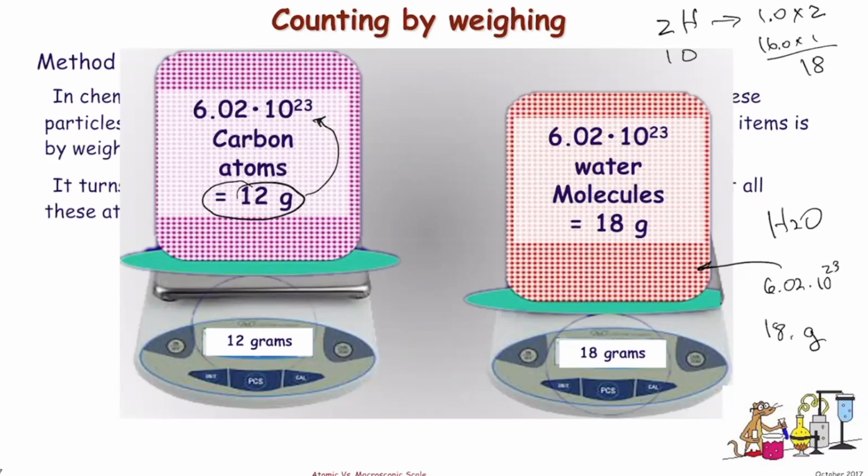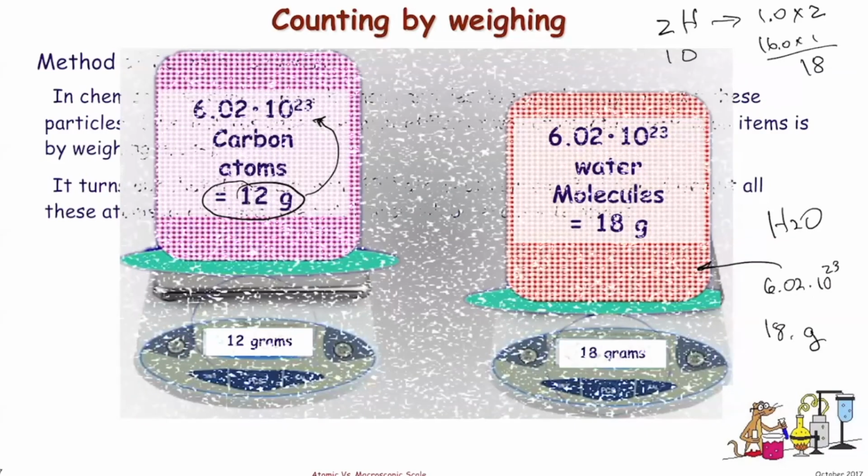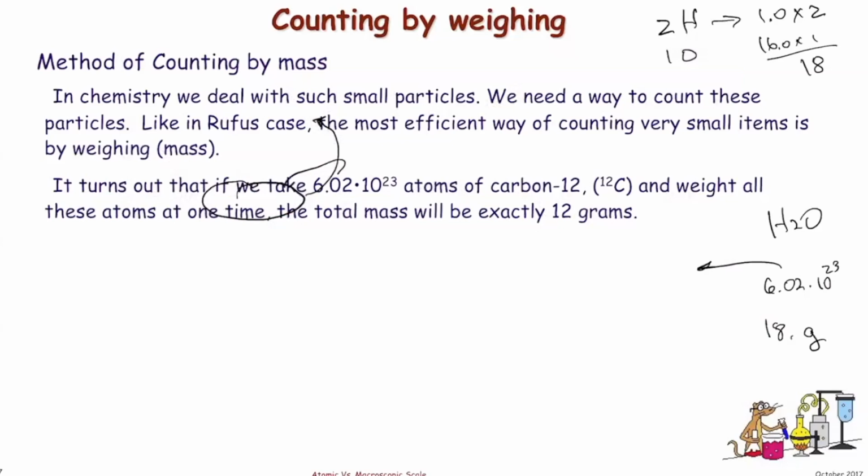So you see how we can convert the atomic scale, AMU, to our scale, grams, if we use this 6.02 times 10 to the 23rd value. That is a conversion factor. It takes the atomic scale and magnifies it up to the macroscopic, gram scale that we are used to. That's why we use the mole, because 6.02 times 10 to the 23rd is also called Avogadro's number.